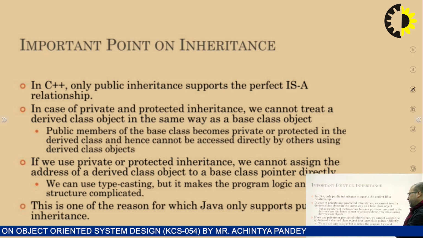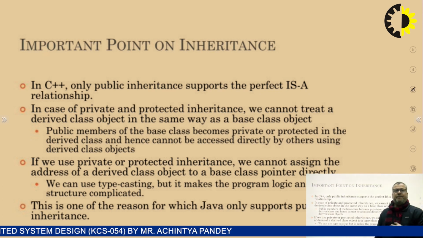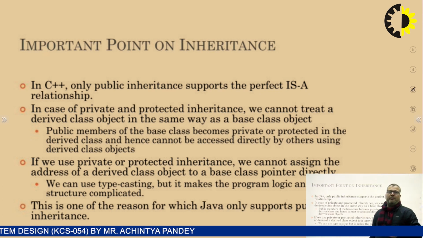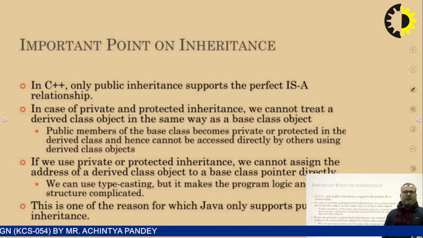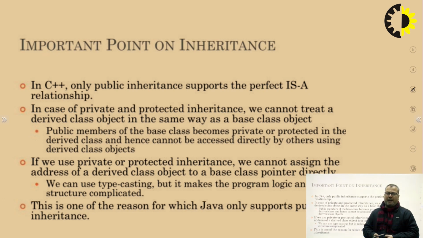But this is one of the reasons for which Java only supports public inheritance. Maybe this would be the reason, because ultimately in public inheritance you can inherit the public or protected base class.